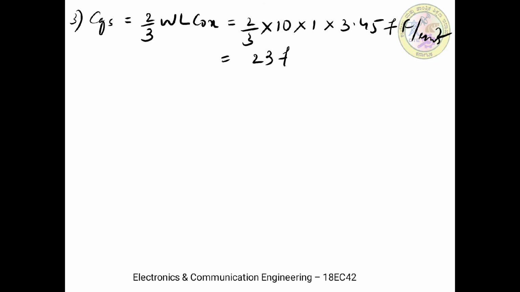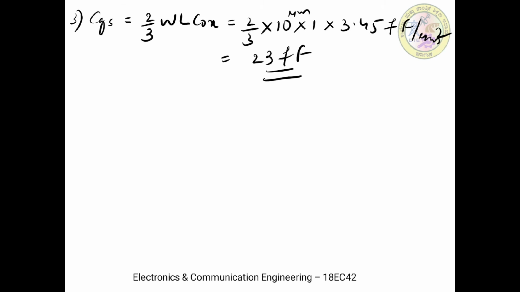Substituting the width and length, 2/3 into W, which was 10 micrometer, length is 1 micrometer, into 3.45 femtofarad per micrometer square. All the units will be cancelled, and 23 femtofarad will be the answer.